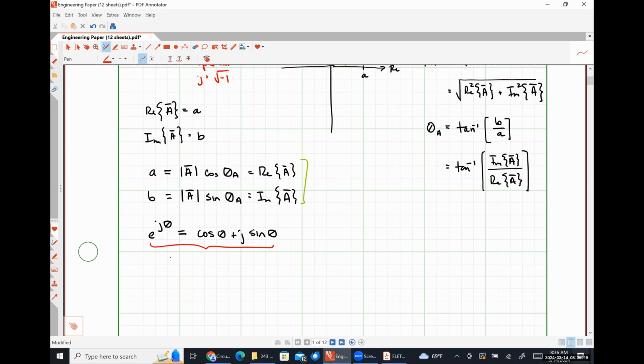This relationship right here is known as Euler's identity, and it is effectively fundamental to the AC analysis of all circuits.